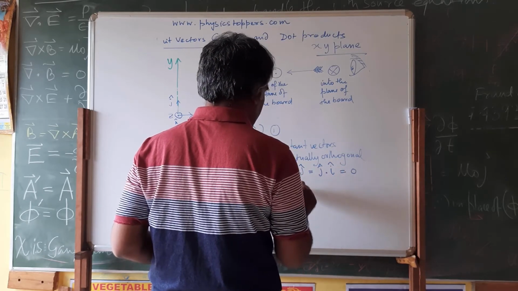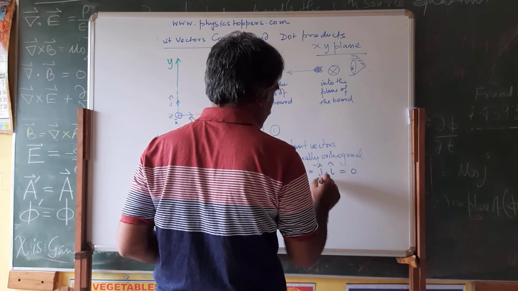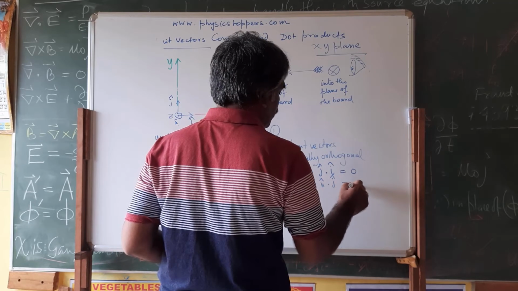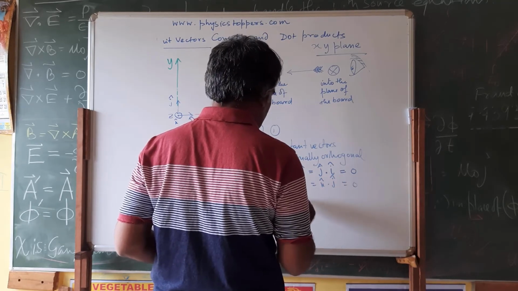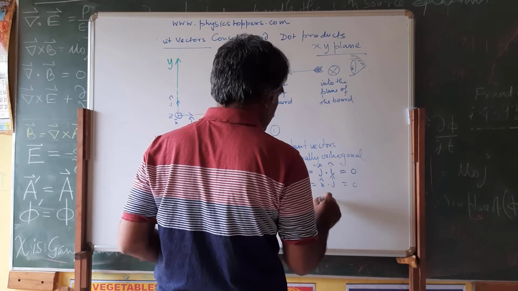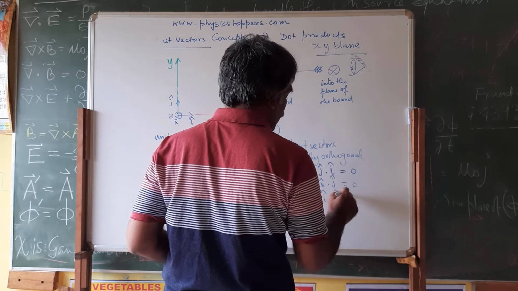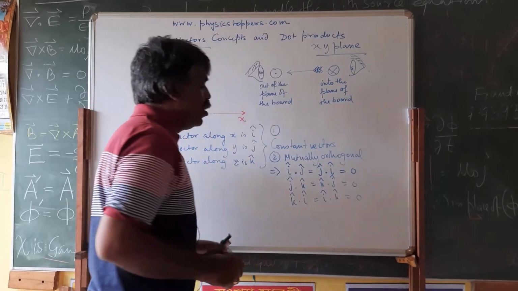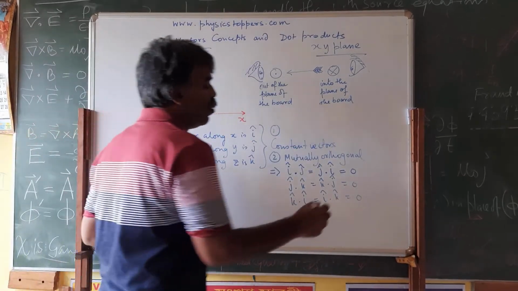Same, j cap dot k cap is equal to k cap dot j cap, that must also be 0, and k cap dot i cap is equal to i cap dot k cap, that must also be 0. So remember these things. This is the dot operation.